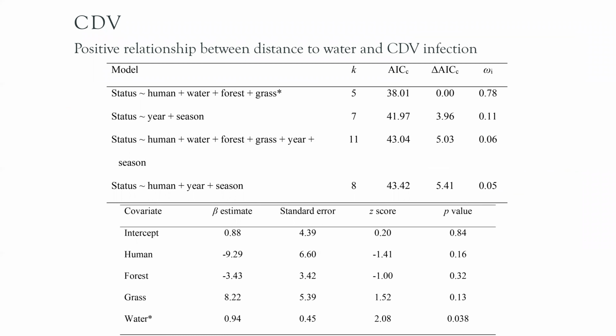So when I took a look at those models, assessing the effects of these spatial and temporal predictors, I had 1 supported model for my canine distemper virus set, and it indicated that only water was significant. So there was a significant positive relationship between the distance to water and the probability of canine distemper virus infection.